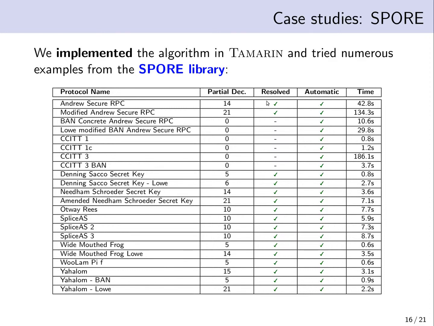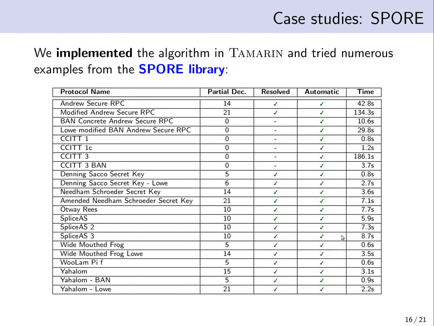But for all cases where we had partial deconstructions, our algorithm was able to resolve them fully automatically, which means that it generated a lemma, and Tamarin was able to prove that the lemma is correct. And then we also checked whether this was sufficient to have, in some sense, full automation by specifying basic security properties like authentication and secrecy, and checking whether these lemmas were automatic. And it turns out that this was the case for all the examples here.